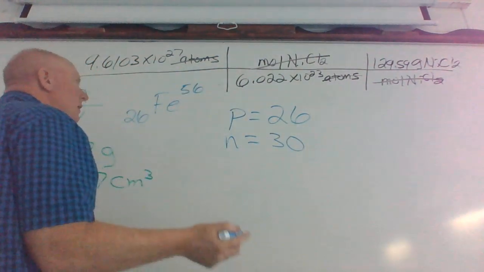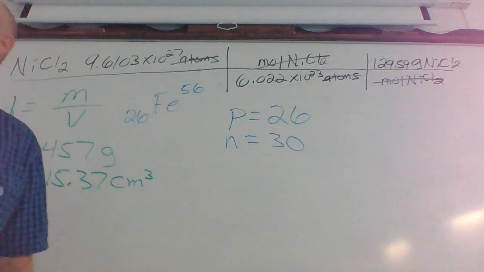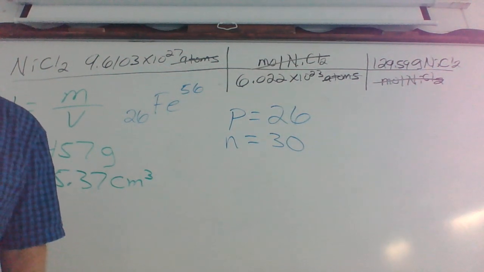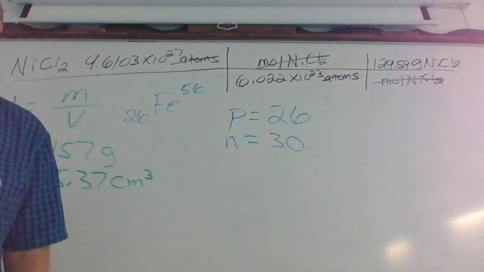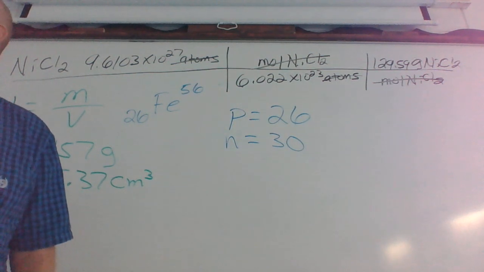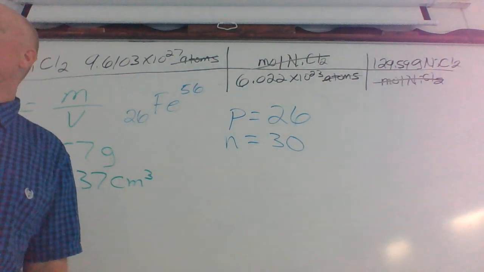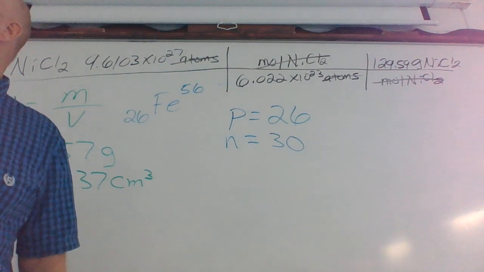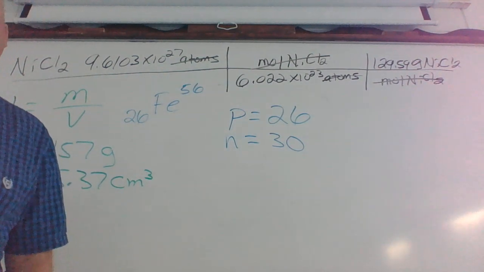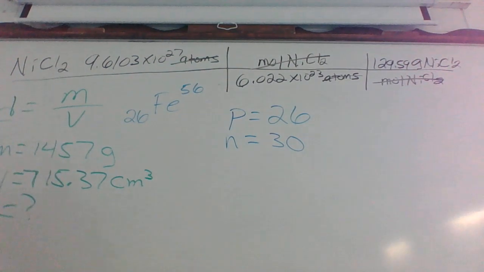Now here's the tricky part. +2 or +3? Because when you look inside your element box for iron, or the one up on the wall, what else does it have in that box besides 26, 55.85, iron, Fe?